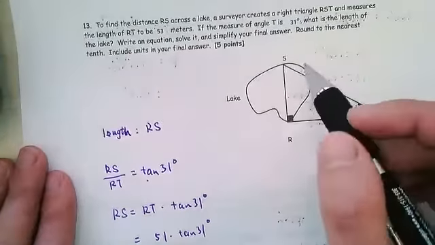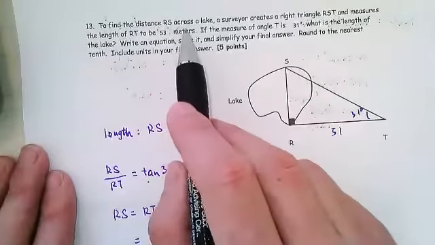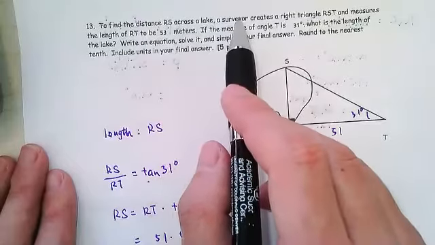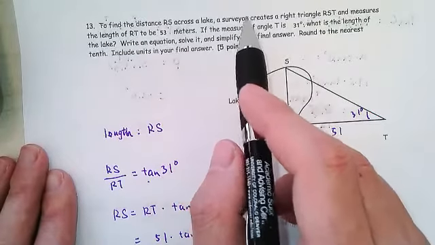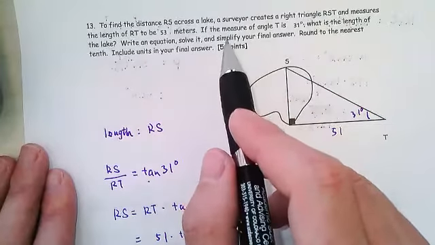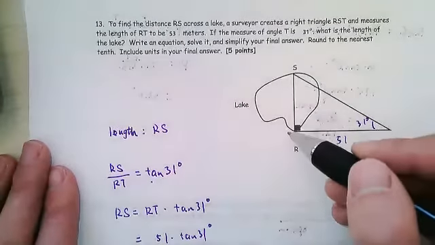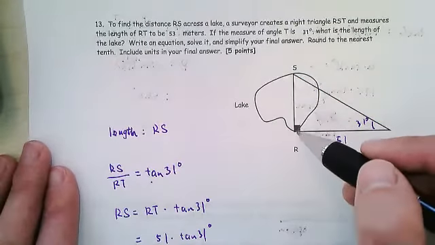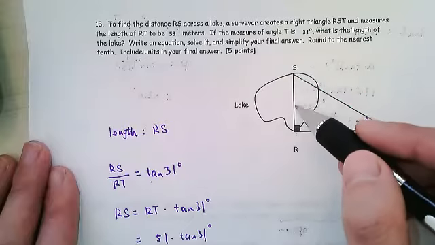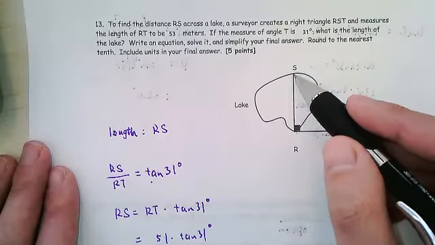Question 13 tells you a long story about a surveyor who is trying to measure the lake. However, it does not need to be such a complex story. In short, you are just trying to find how long this side is.